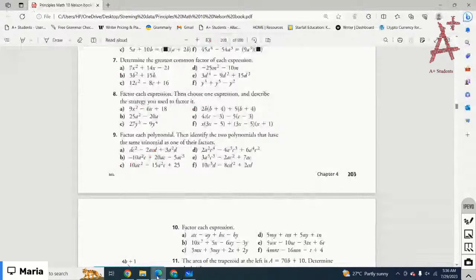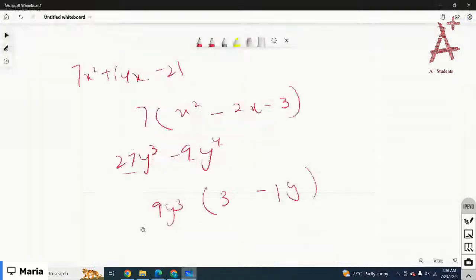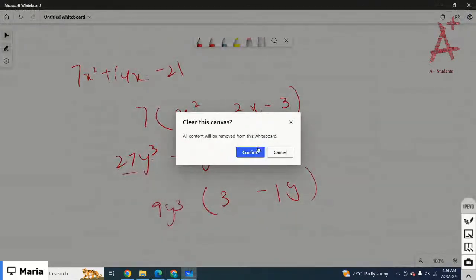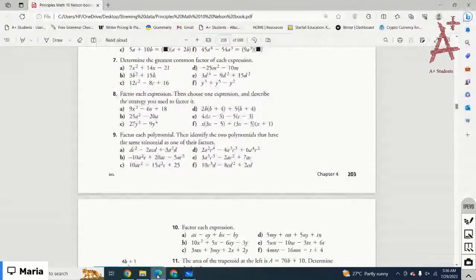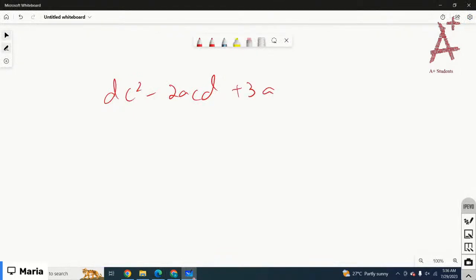Okay, A is DC square minus 2ACD plus 3A square D. You can take D common. You are left with C square minus 2AC plus 3A square.